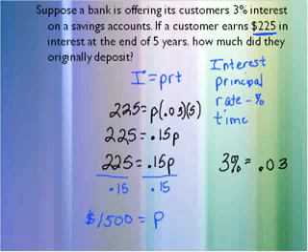So $1,500, if I want to write that out, so I'm writing in yellow here, so let me change my color. $1,500 was originally deposited.